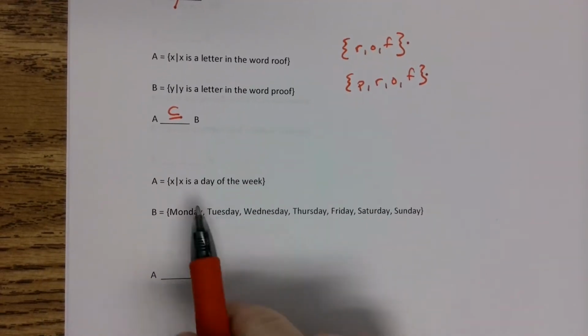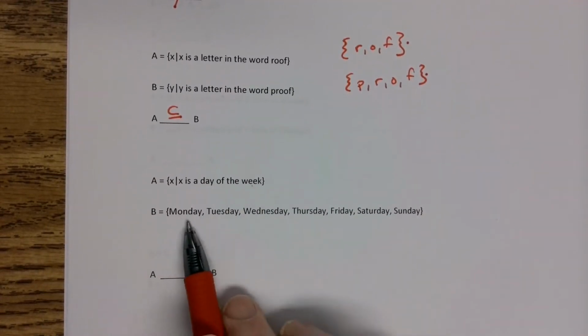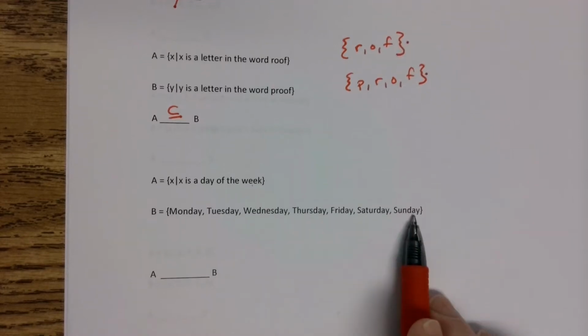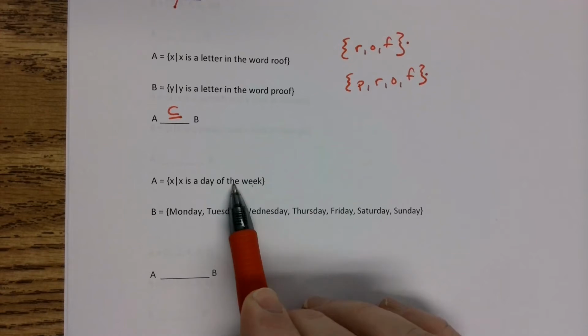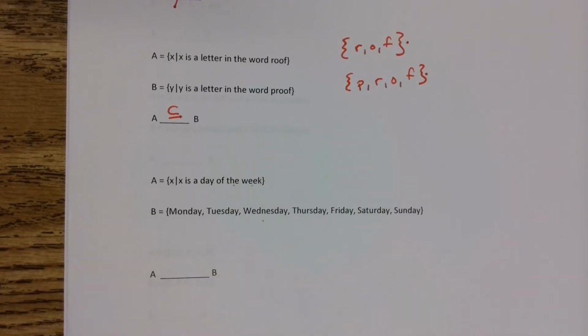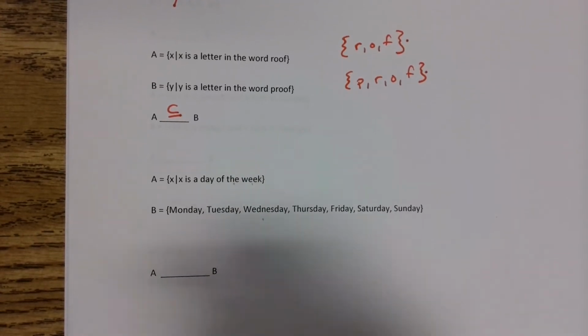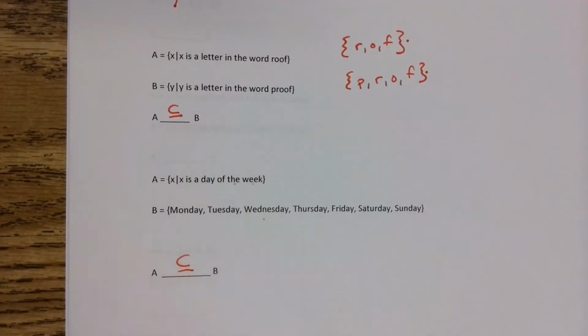X is a day of the week. Monday, Tuesday, Wednesday, Thursday, Friday, Saturday, Sunday. Is there anything in this set that's not in this set? No. So it's a subset. Even though they're the same set, this is kind of important, okay?